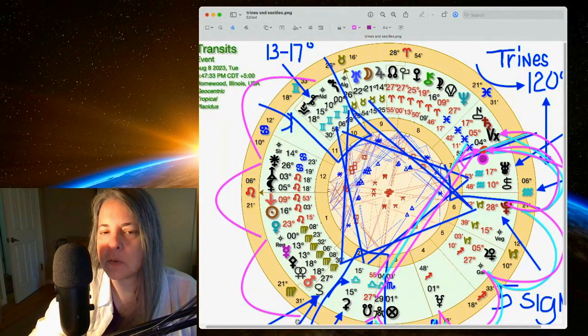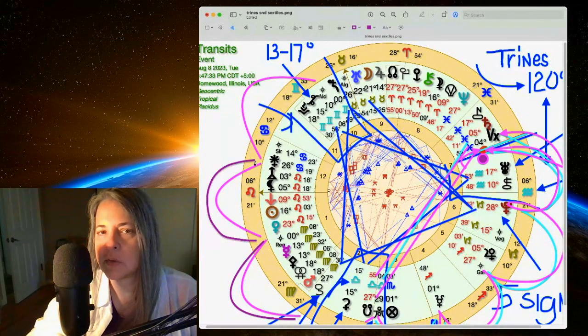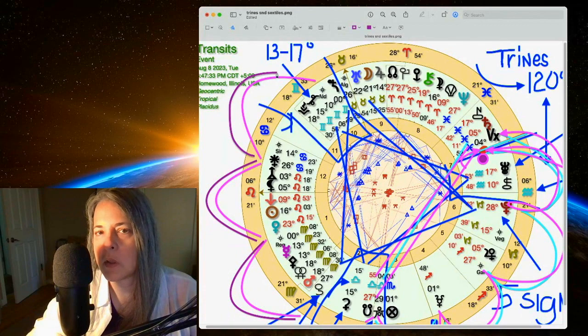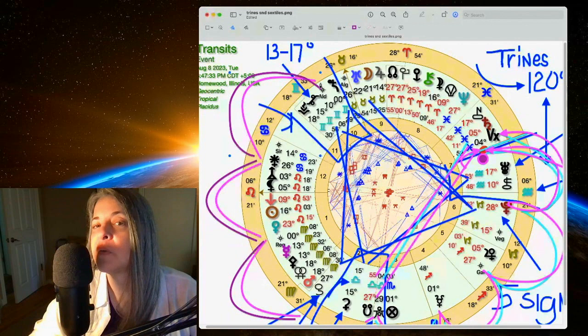Number 1 is Virgo. I'm going to use another color just to reiterate this. Number 1 is Virgo. Number 2 is Leo. Number 3 is Cancer. Number 4 is Gemini. And number 5 would be Taurus, at the late degrees.